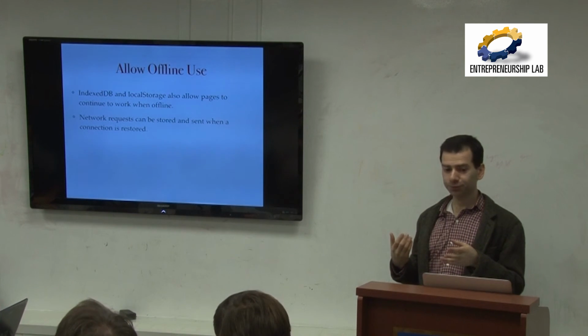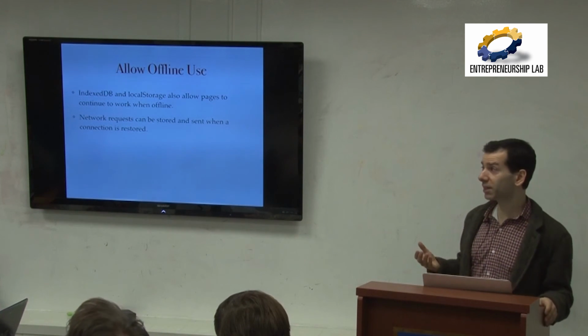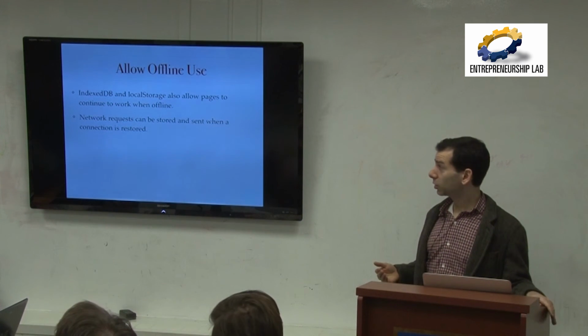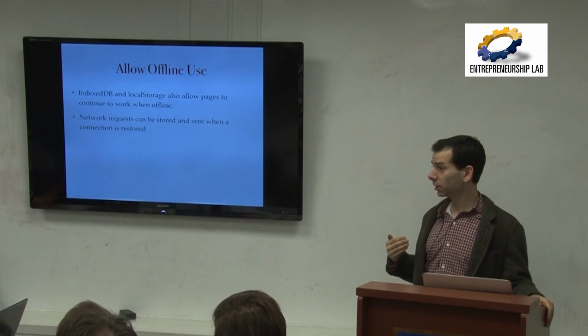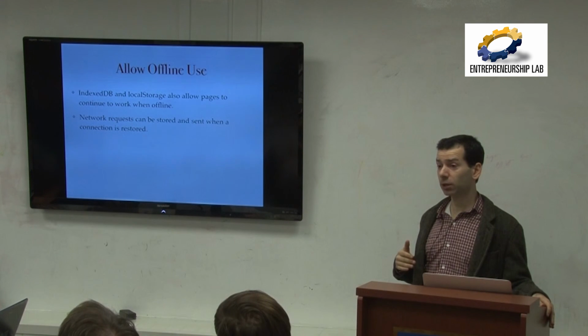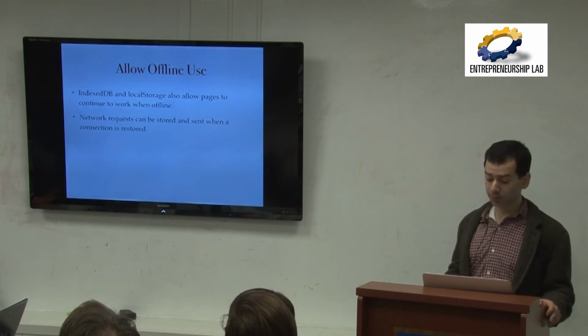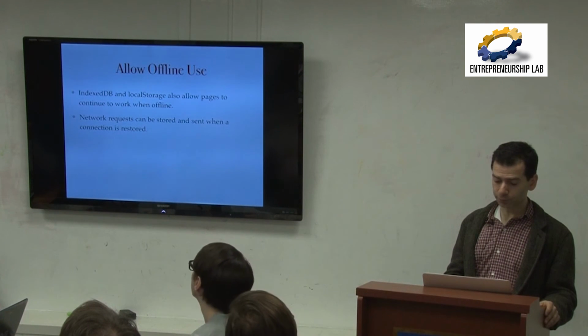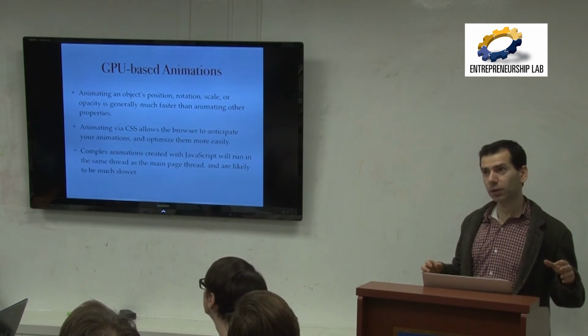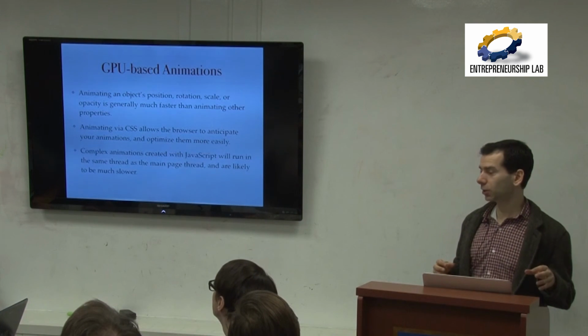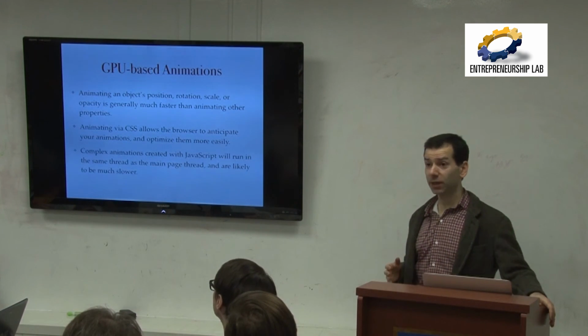Well, you can inform the app, but basically you can allow the app to keep working, even though it's offline. You can batch up all the network connections, the info that it's trying to save to the network, and when you get connected, you can then save them all. It allows apps to work offline. So all this allows a web page or a hybrid app to approximate a native app more and more.